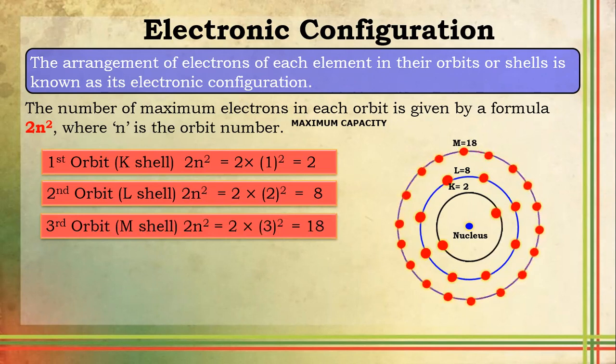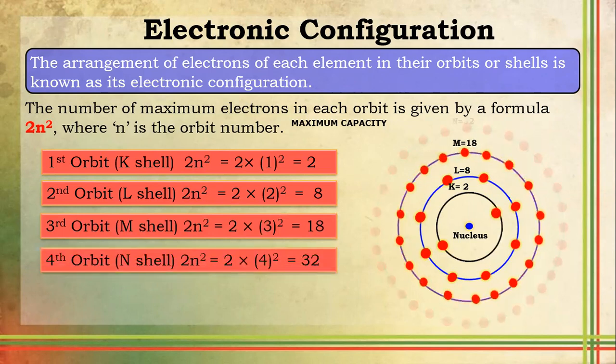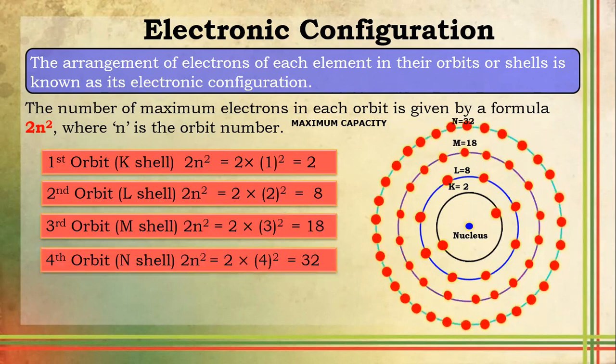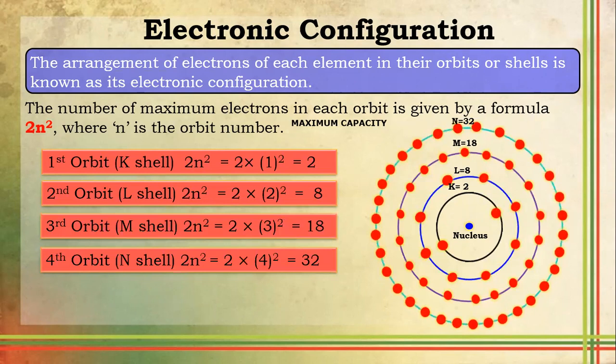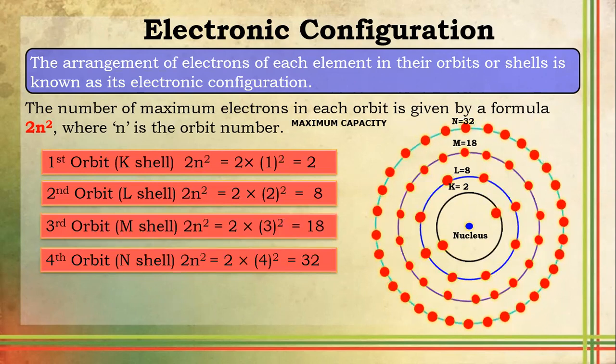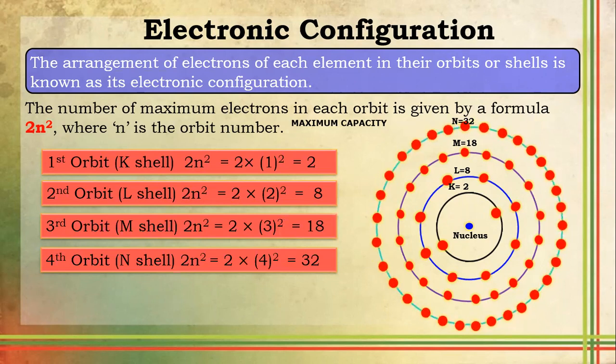And fourth shell similarly, 4 squares are 16, 16 twos are 32. So fourth shell will have 32 electrons maximum. Not more than 32, it can be less than 32. So that is the maximum capacity of the first 4 shells.